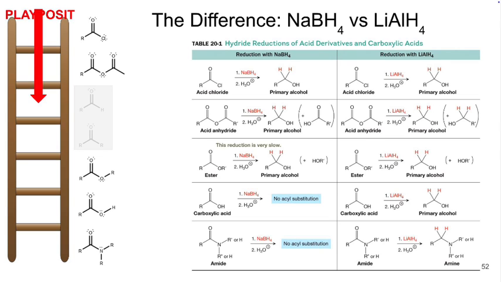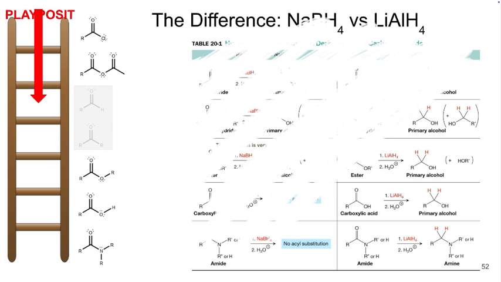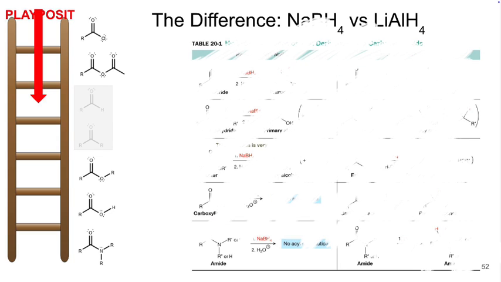What's the bonus? Okay, and before you go, oh, this giant table, ignore the giant table because that's confusing. What's the bonus in the ladder? It's kind of hard to see. They're fainted. They're ghosted. Aldehydes and ketones are added to the ladder here.